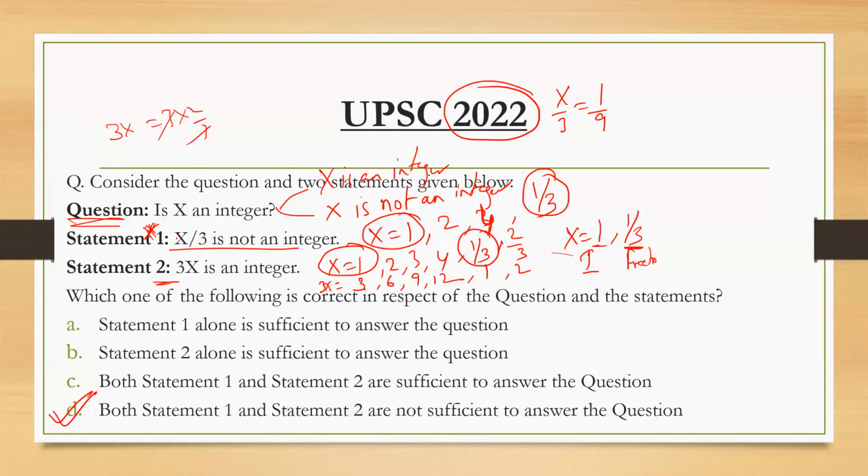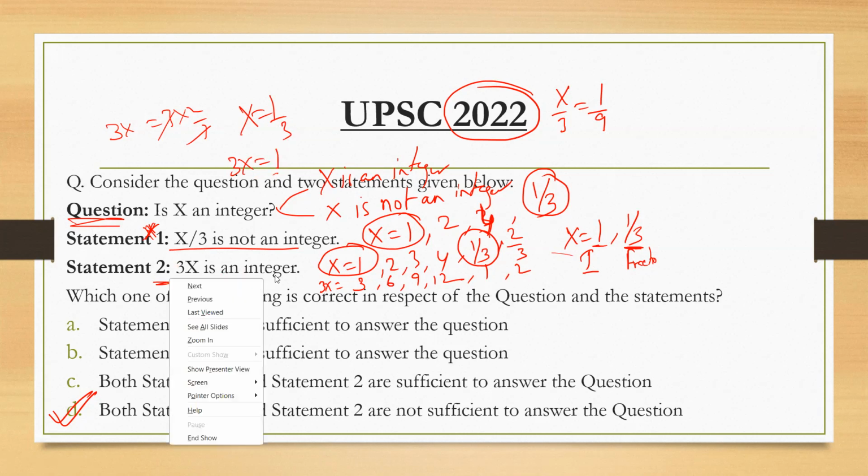Statement 2 is not giving a definite answer because see x is equal to 1 by 3. What happens? 3x is 1, right? 3 into 1 by 3 is 1, which is an integer.